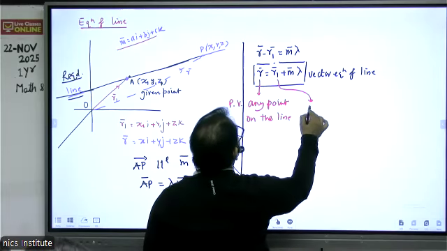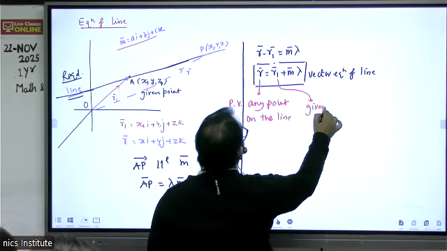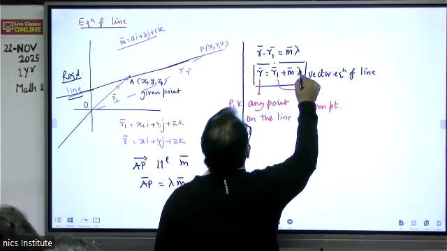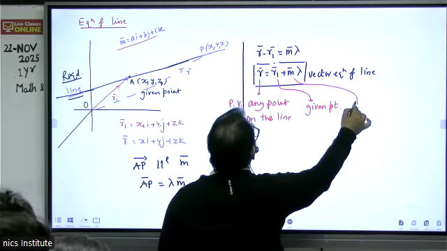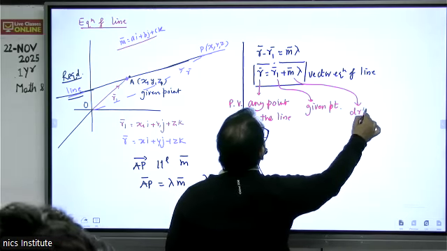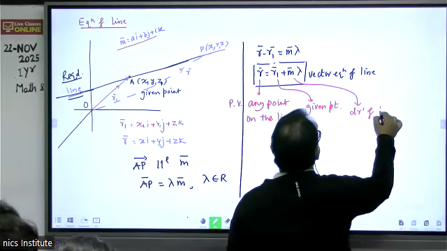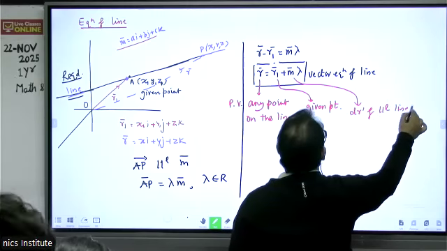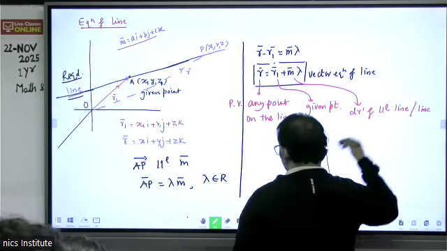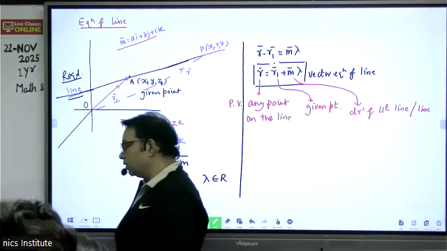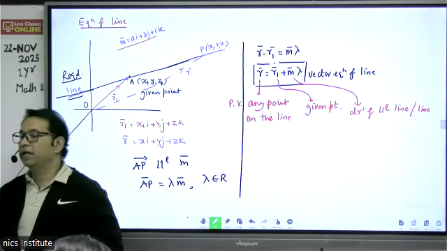R1 is the position vector of the given point. What is m? m is the DRs of the parallel line or the line itself. The DRs of the parallel line are the same as the DRs of the line. Lambda is any real number. So this is the vector equation of a line.